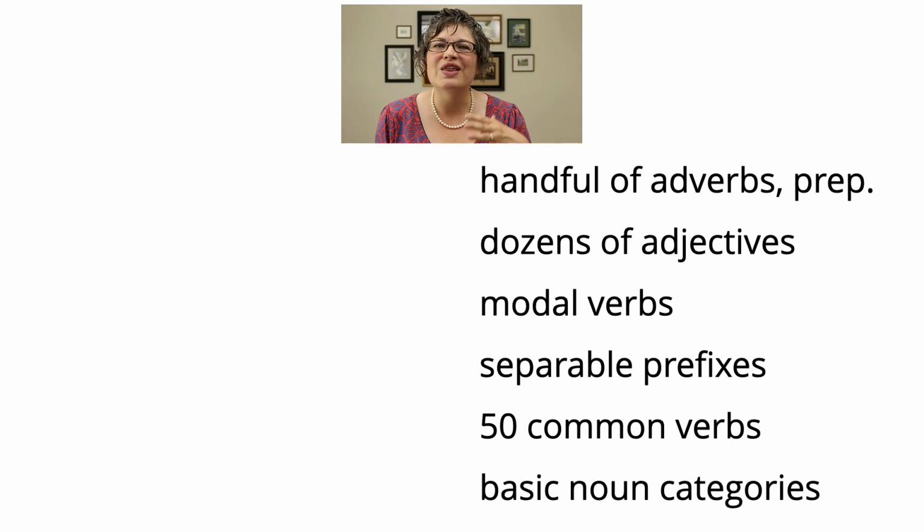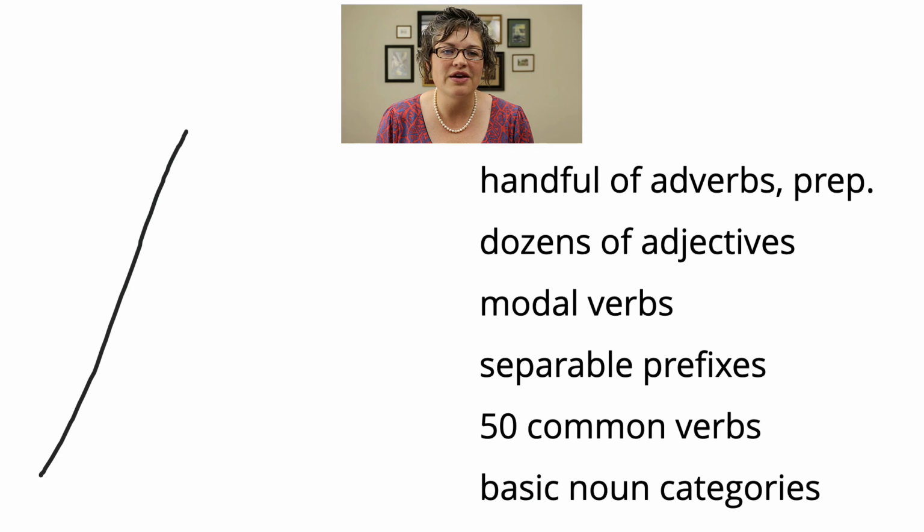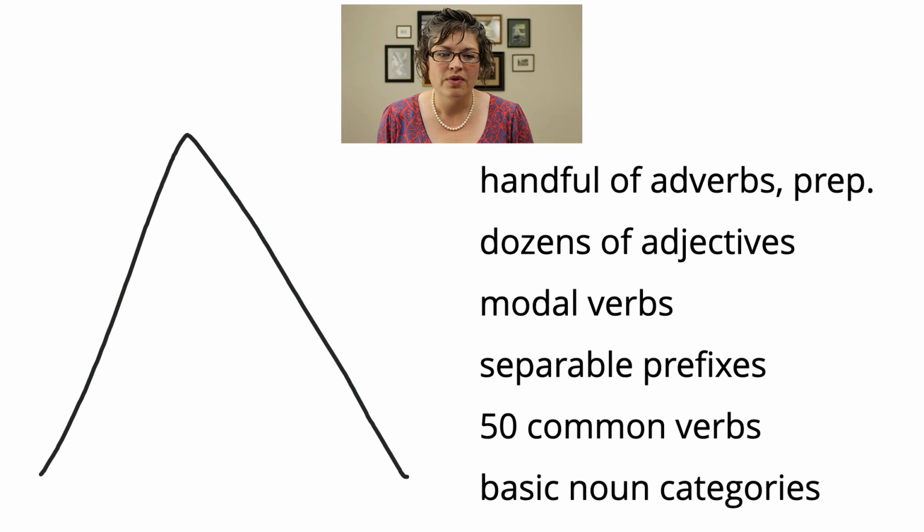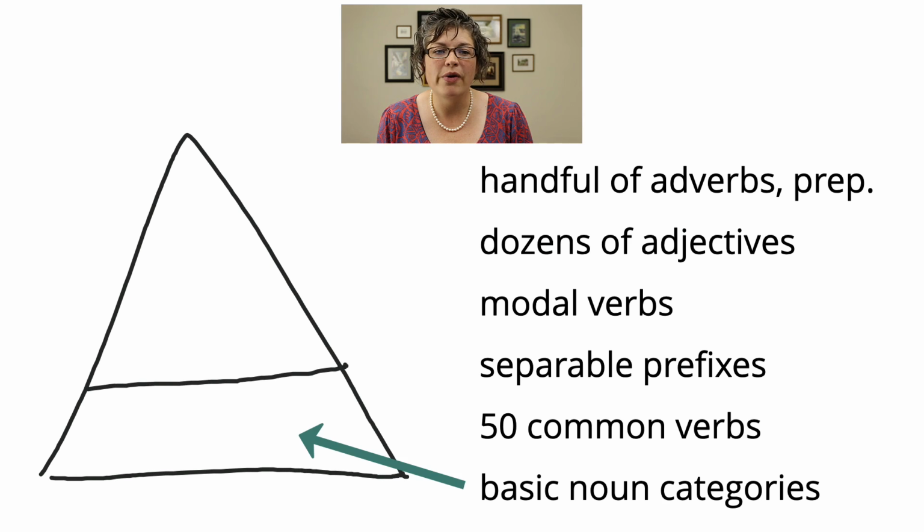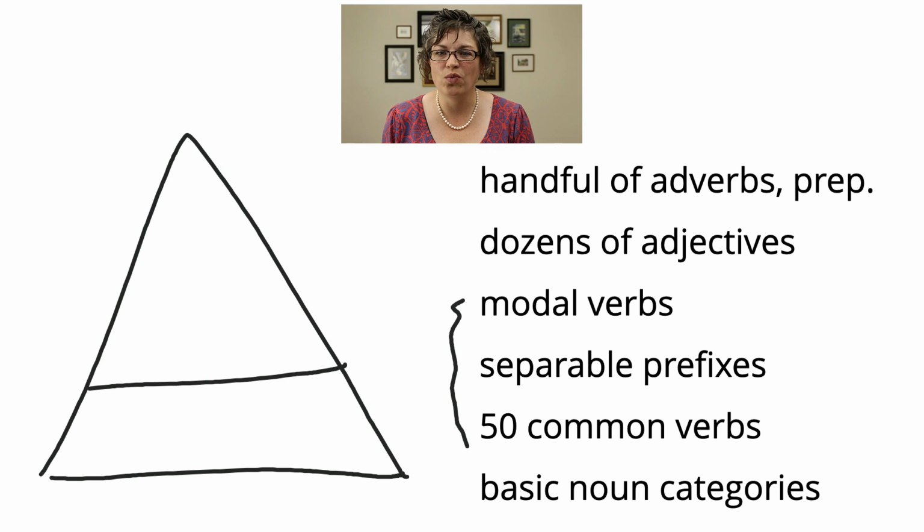When it comes to the 2,000 word basic vocabulary, I want you to think of a pyramid. The foundation of it is going to be a bunch of basic noun categories such as clothing, foods, furniture, professions, places, etc. After that, we have a bunch of verbs that we need to work on.